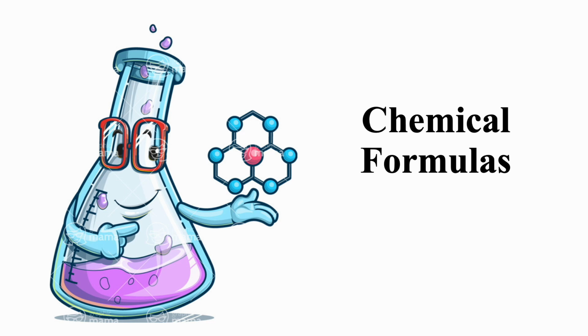Welcome everyone. Today we are starting one of the most essential topics in chemistry, chemical formulas. Think of chemical formulas as the language chemists use to describe substances. Just like a recipe tells you what ingredients are in a dish, a chemical formula tells you which atoms are in a compound and how many of each.